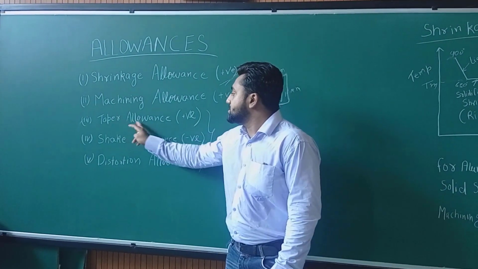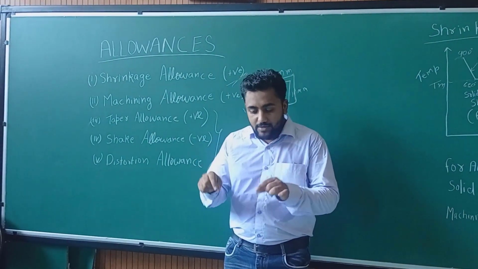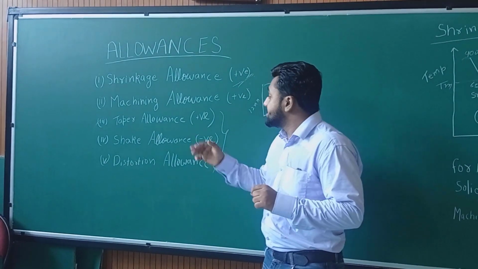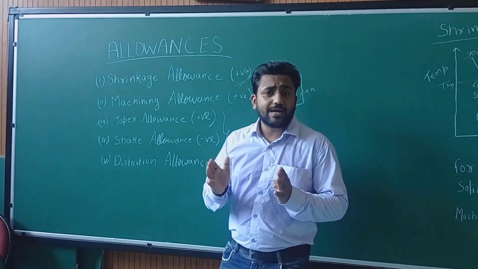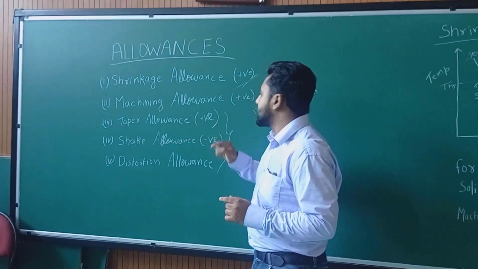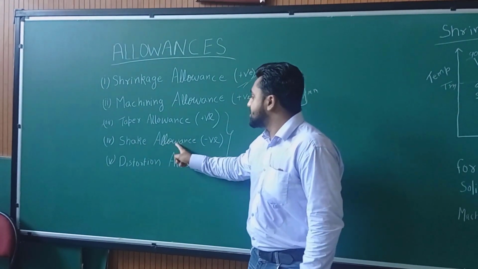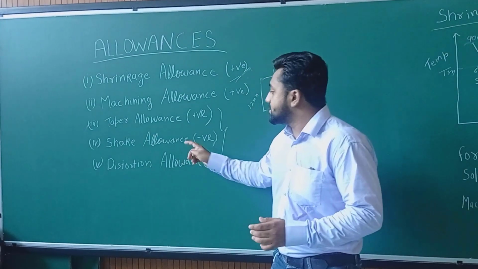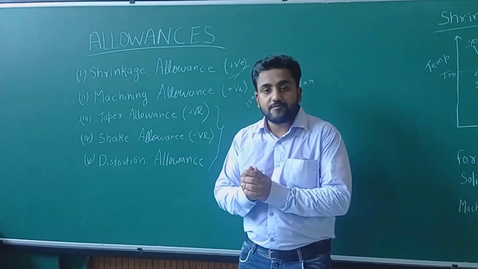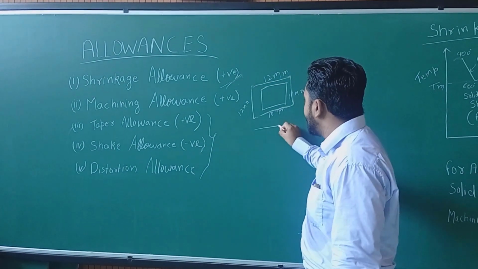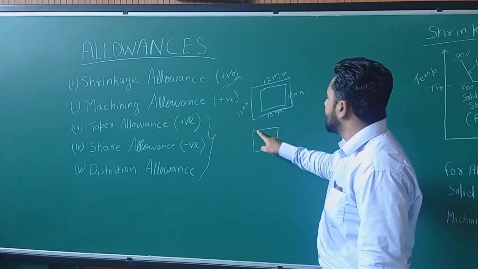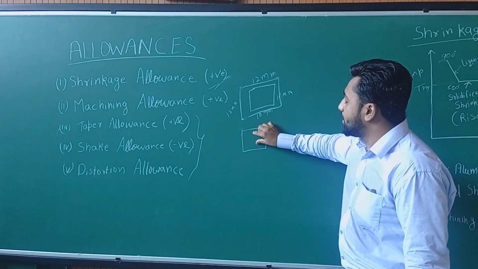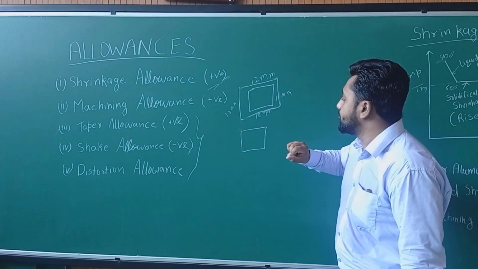The taper allowance means we make our product tapered so that we can easily remove it from the sand mold. But our product is of small dimension, and taper allowance here is neglected. If we talk about the shake allowance, it is called a negative allowance because it is given to the mold, which means that to remove this part from the sand mold, we will definitely shake it and remove it.